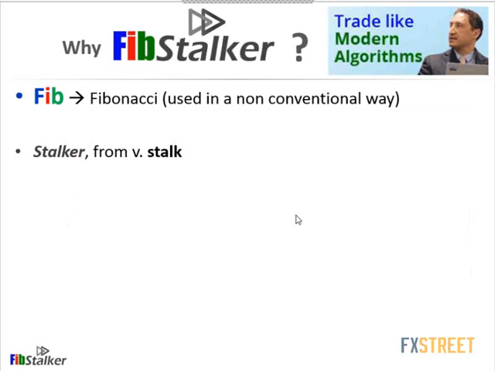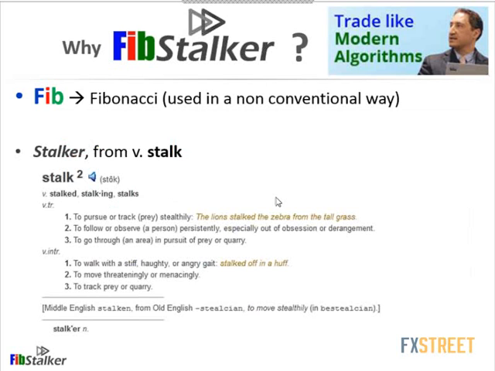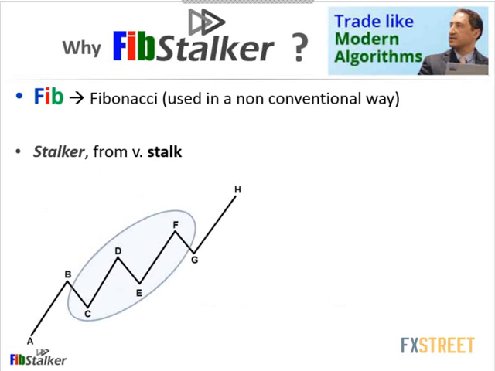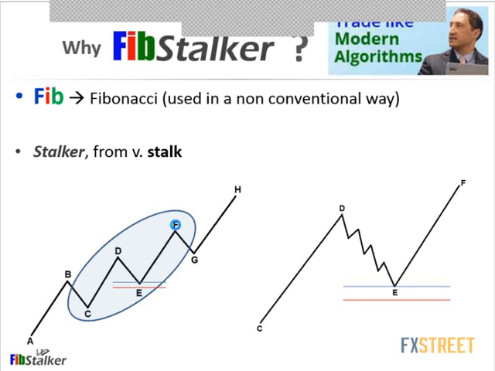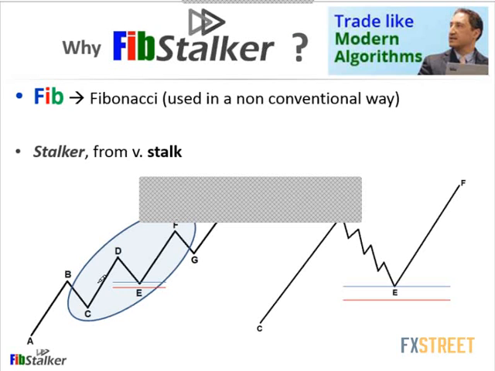The Stalker part, it's funny. I don't know how to stalk people. I stalk price, modeling price using Fibonacci on all time frames. That does not work for all markets, but only high volume markets. In these high volume markets, there is the opportunity to identify well in advance a level of potential reaction.